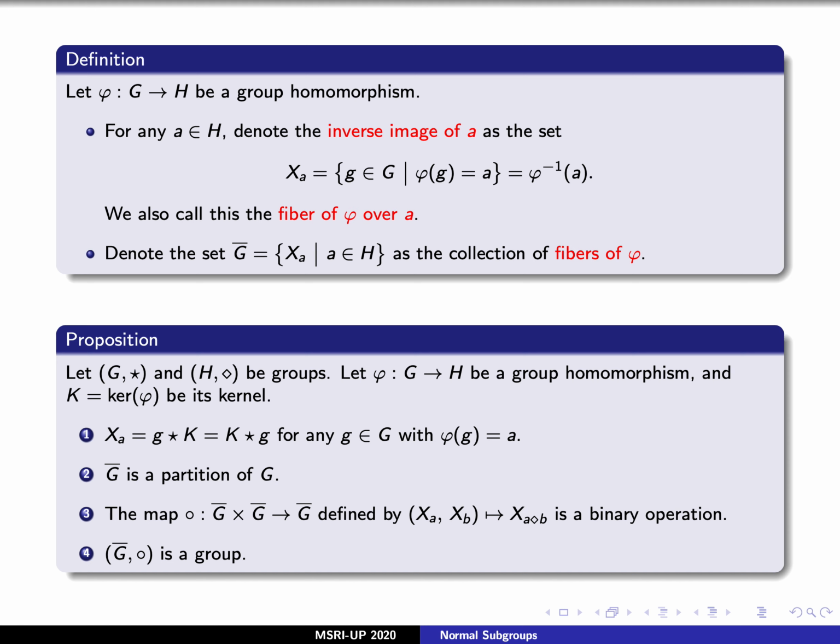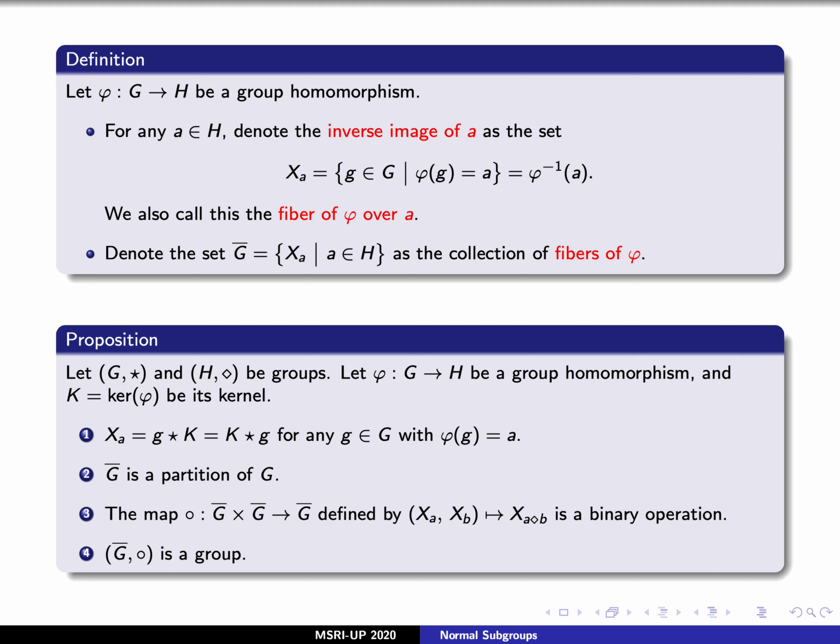That is, let's pick an element g that lies in the fiber over a. That is, φ(g) equals a. Then we can express each fiber as g star K, which is also equal to the right coset K star g. Remember that here K is the kernel of the group homomorphism.